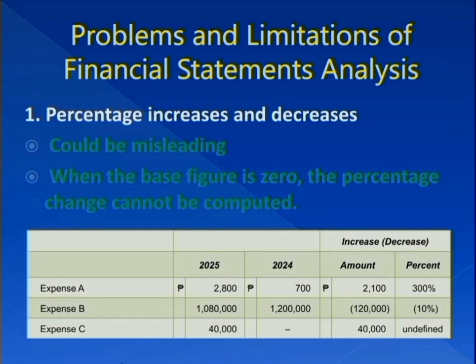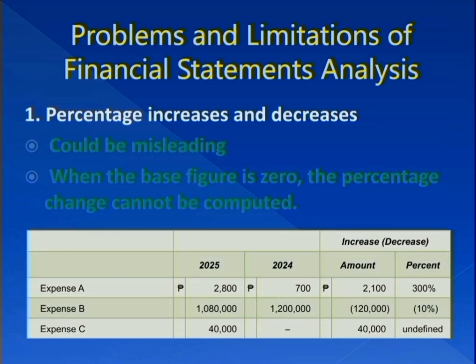Furthermore, when the base figure or the amount of the earlier period is zero, the percentage increase or decrease cannot be computed, because any number divided by zero is undefined.